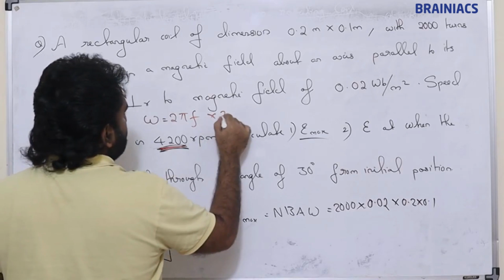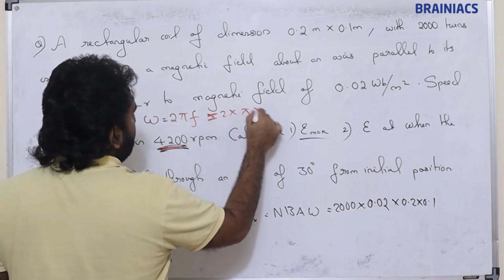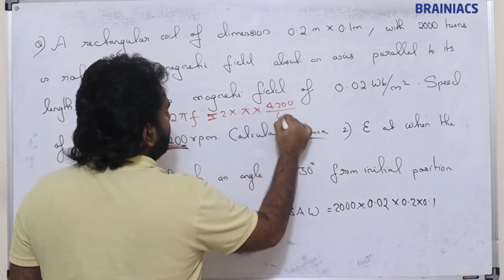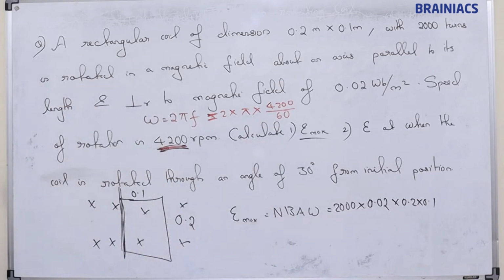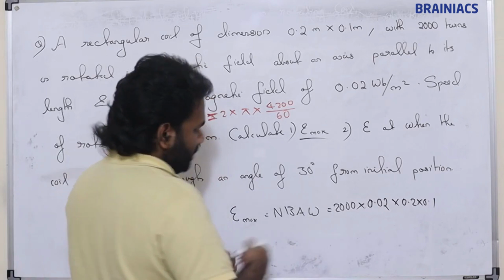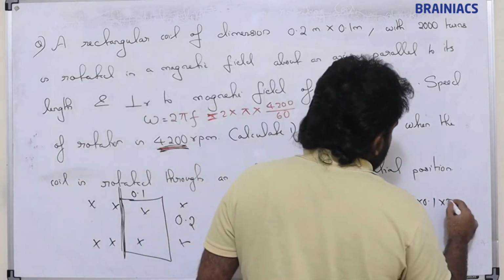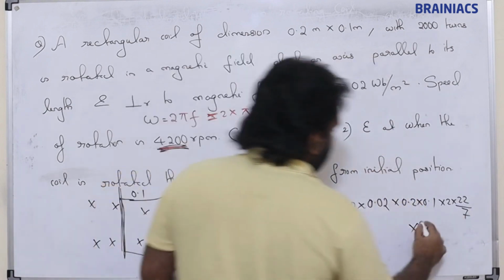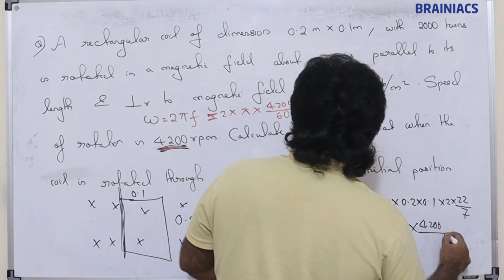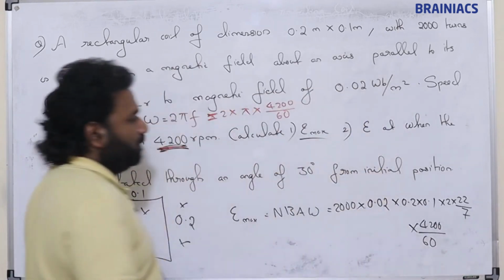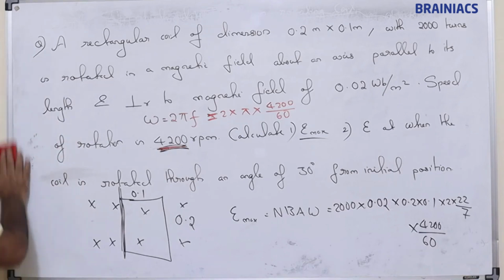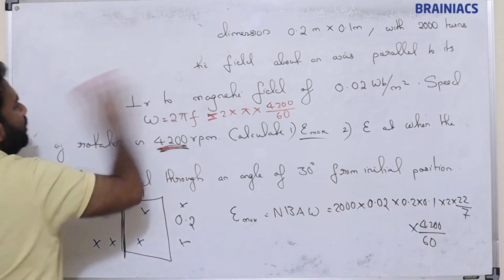So 2 into pi into f, where f is 4200 divided by 60, correct? If we substitute that, we will get the right answer. So this into 2 into 22 by 7 into 4200 divided by 60, correct? So I'll write it clearly. Hope you have noted the question. Clear? So I'll write here.